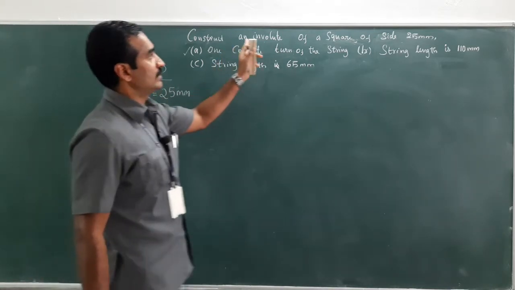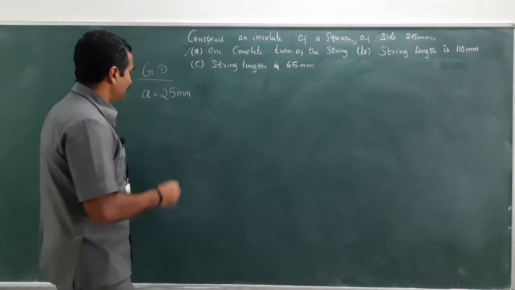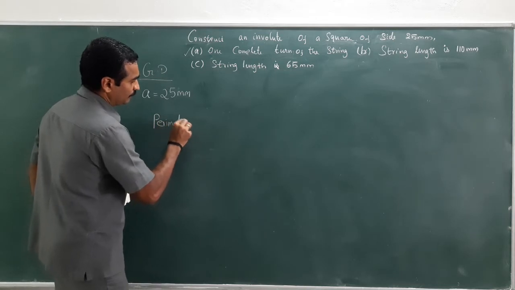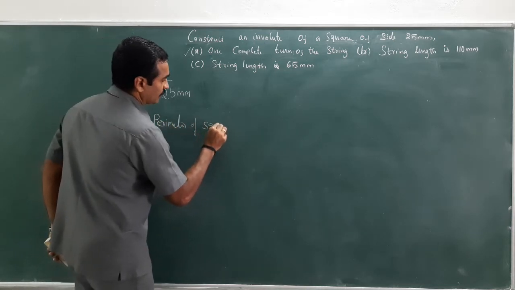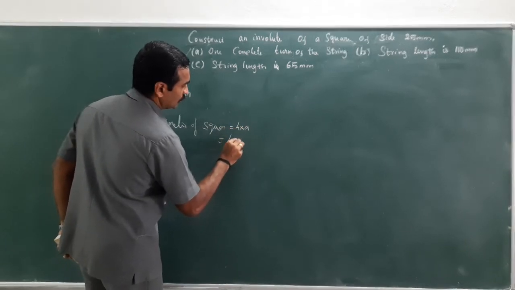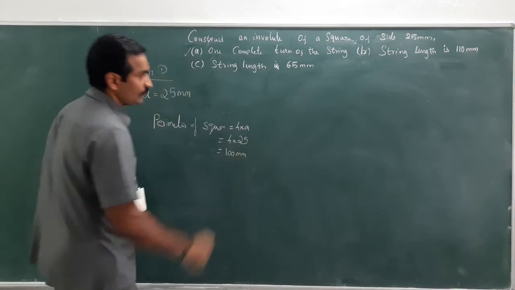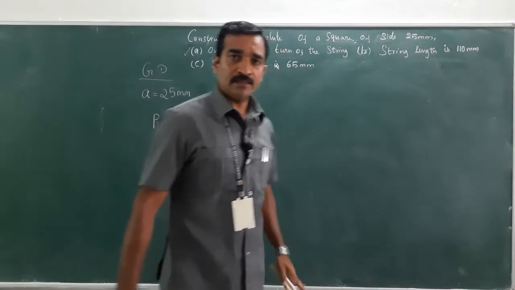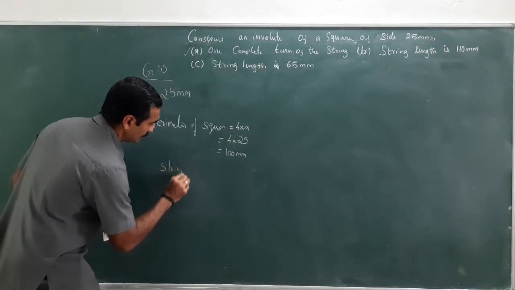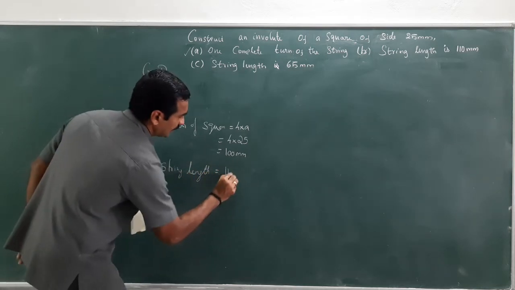So the given data: the side of the square is 25 mm, which remains the same, and the perimeter of the square equals 4 times A, which is 4 into 25, 100 mm, isn't it? What about the string length? Here the string length is given, equal to 110 mm.